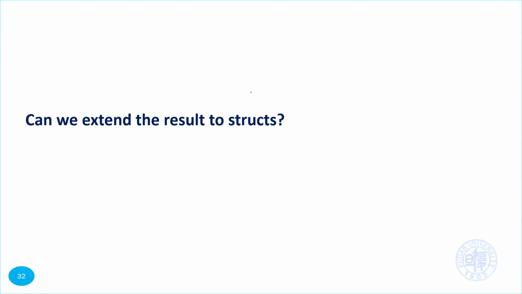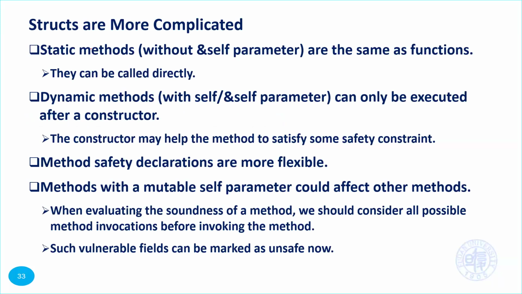The next question is, can we extend the previous theorem and encapsulation soundness approach to struct? Struct is more complicated because it has static methods, which are similar to the previous functions, but also dynamic methods. We should compose an instance of the struct first through the constructor and then call the method.